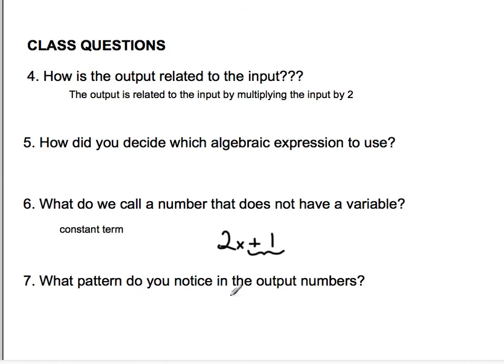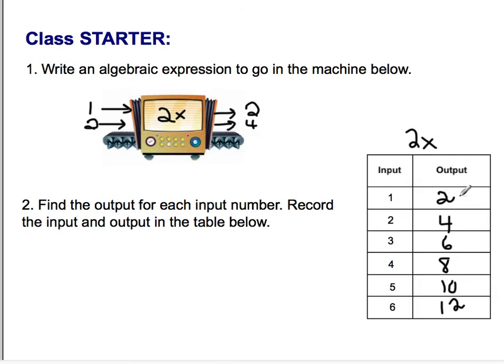What pattern do you notice in the output numbers? Okay, let's take a look at the output numbers. Remember, patterns can go this way, and we use that pattern by doing our algebraic expression, but we can also find a pattern just by looking at our outputs. Here we have plus 2, plus 2, plus 2, plus 2.